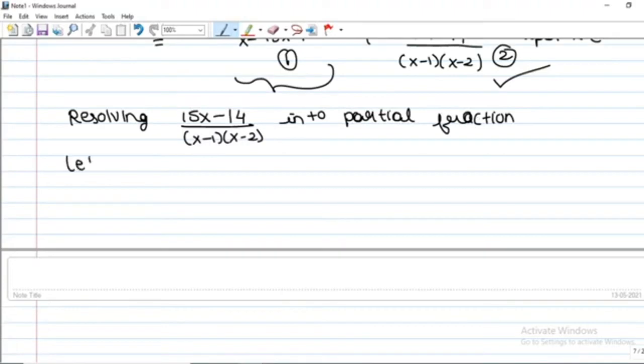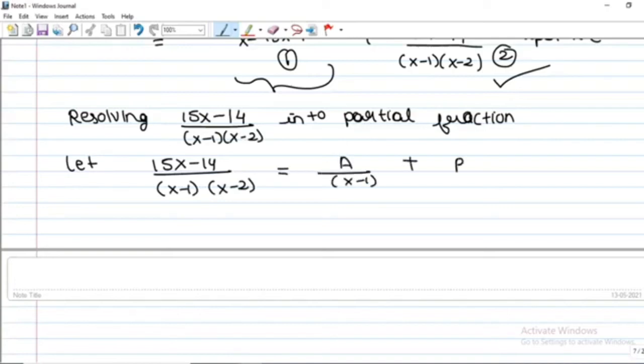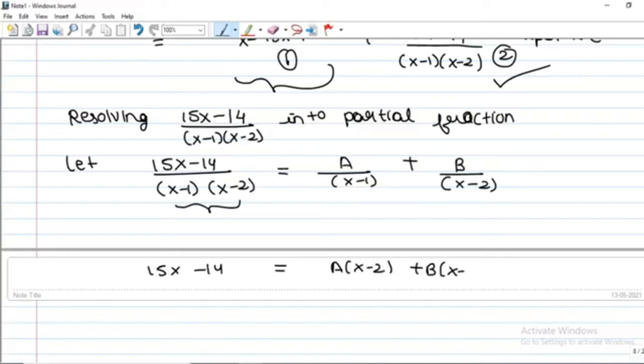Let 15x minus 14 the whole upon x minus 1 into x minus 2 be equal to A upon x minus 1 plus B upon x minus 2. If I multiply throughout by this term, we will be left with 15x minus 14 equals A into x minus 2 plus B into x minus 1.